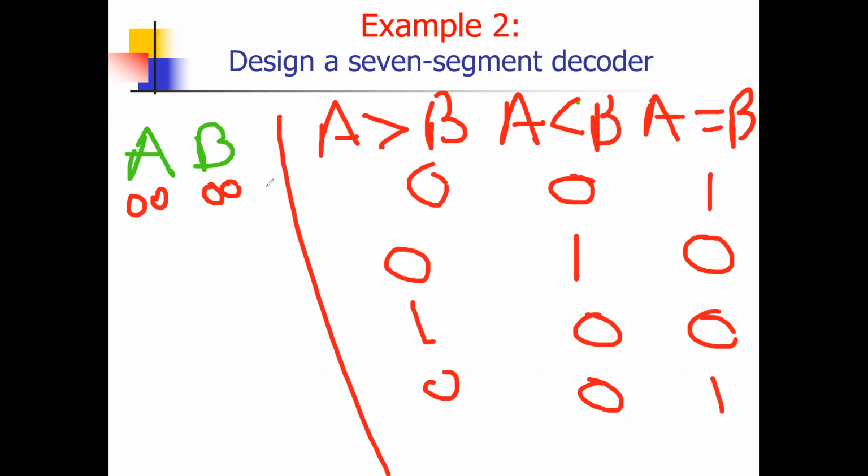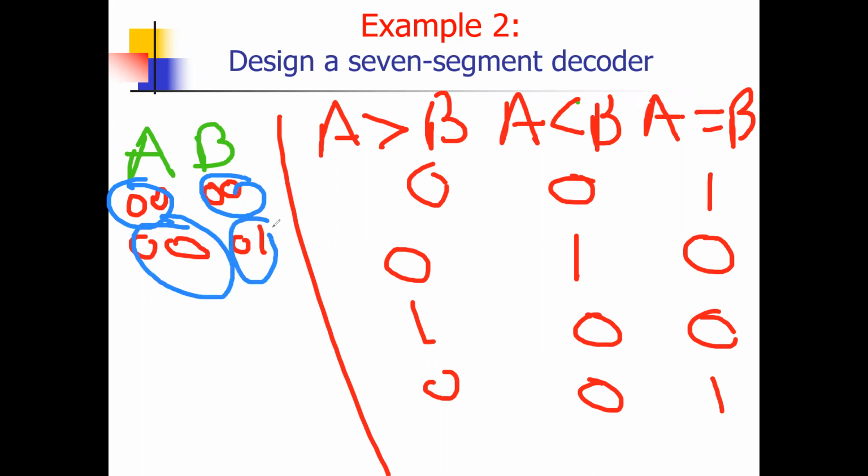That means you will now compare 2 digits together. I'm talking about 2 bit. So you will compare A and B, which one is greater than, which one is less than. You have 16 combinations, then K map, and then design.